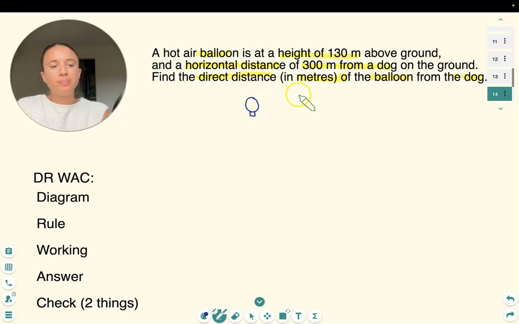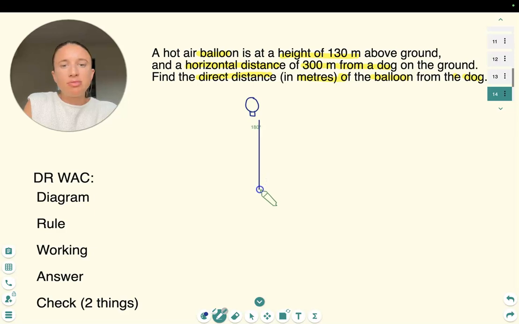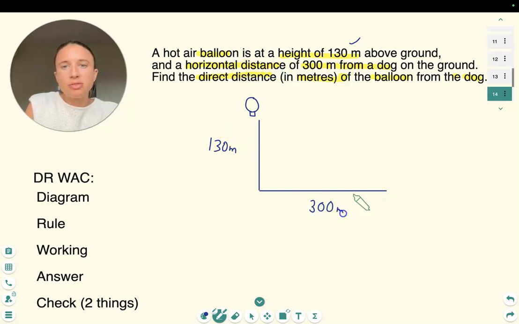We picture it. There's a hot air balloon here. That's not very good, is it? That will have to do. There's a hot air balloon and it's at a height. Height means vertical, 130 meters above the ground, and a horizontal distance. It's important you know what vertical and horizontal is. Vertical means cliff face, horizontal means horizon. Distance of 300 meters from a dog on the ground.